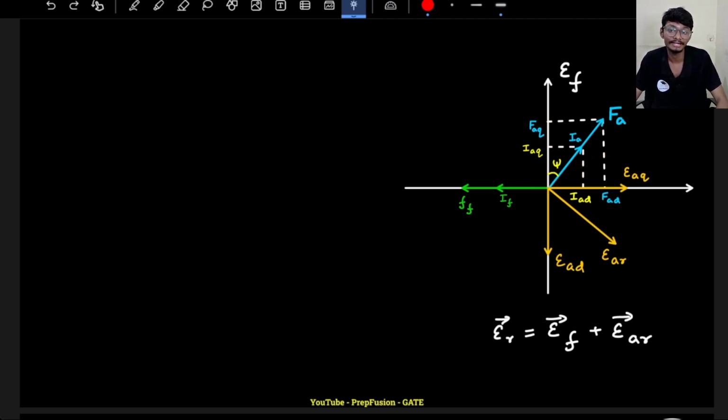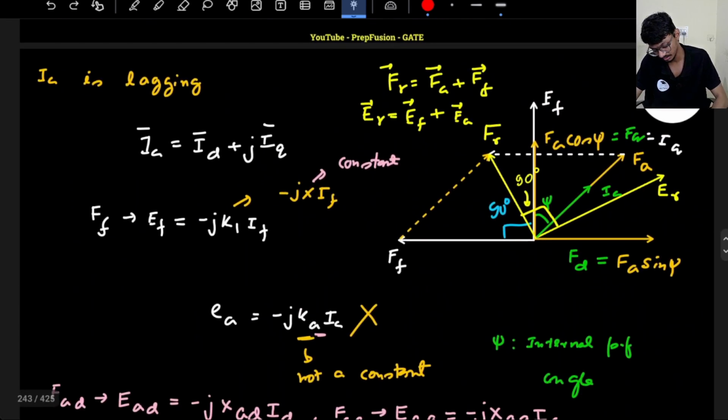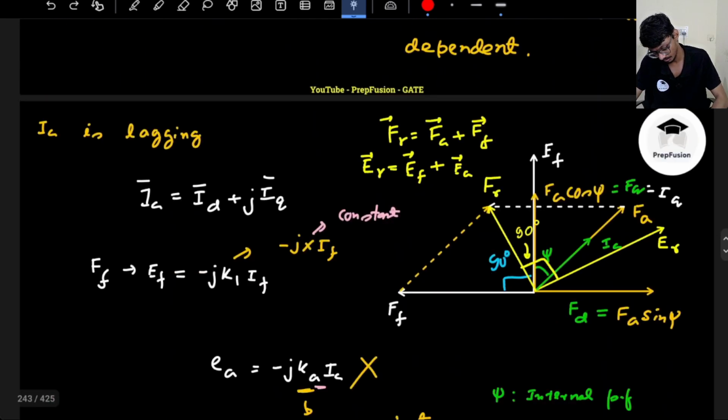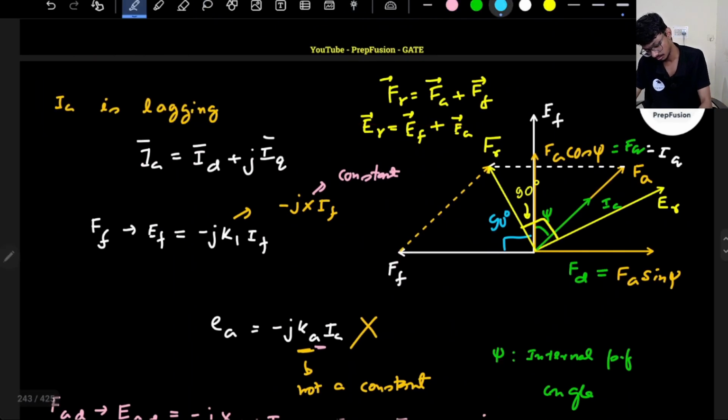So how will you draw it in the phasor diagram? Yet I have not considered the IA RA drop, so we have to consider the IA RA drop as well. This analysis was with RA equal to 0.